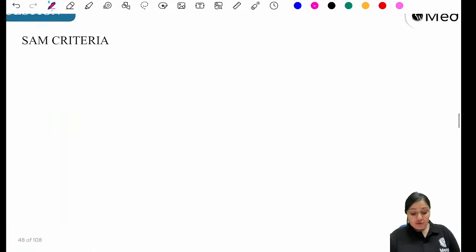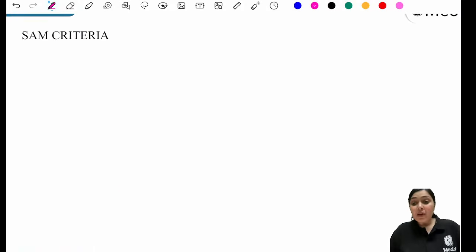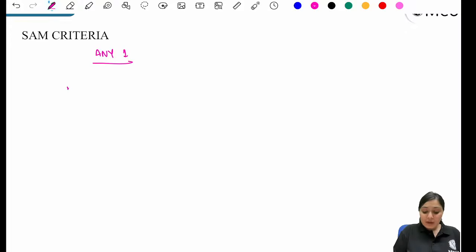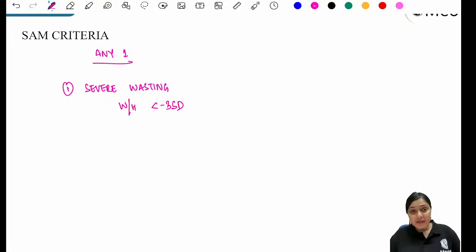With that, let's just revise the criteria for SAM. Remember, to label a child as SAM, I need any one of the following. Remember, I need any one. What any one? First, there should be severe wasting. What do I mean by severe wasting? Weight for height less than -3 standard deviation. This is severe wasting. Second is MUAC.